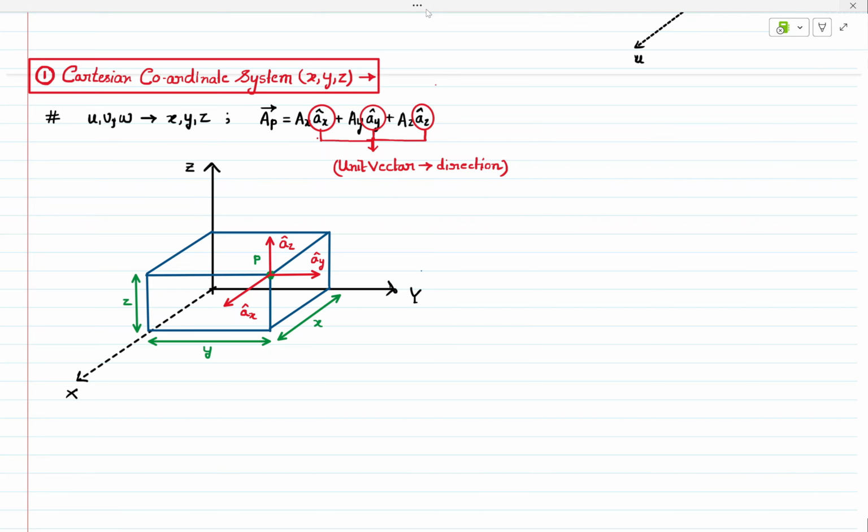The angle between ay and az is 90 degrees, the angle between az and ax is also 90 degrees, and the angle between ax and ay is also 90 degrees. As the angle difference is always 90 degrees, I can say one important point: the three unit vectors ax, ay, and az are orthogonal to each other.